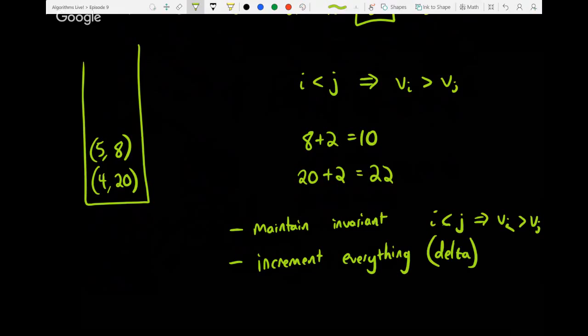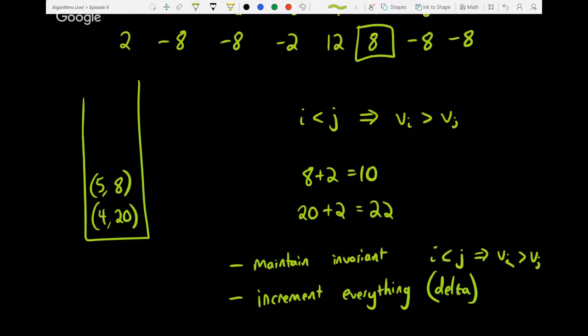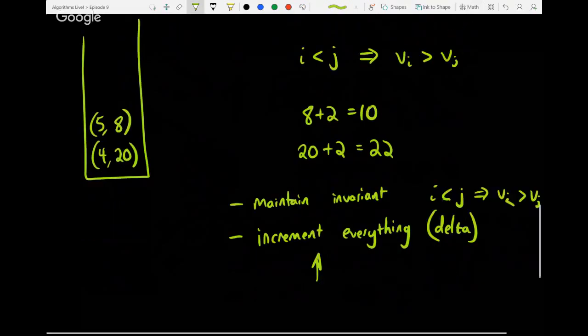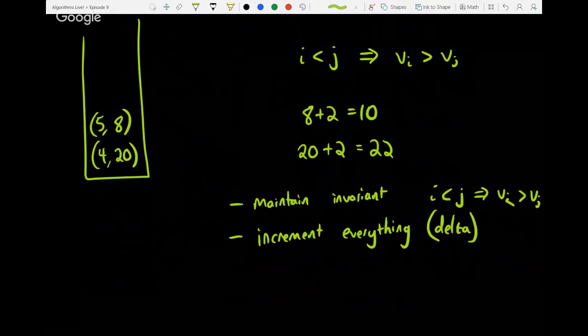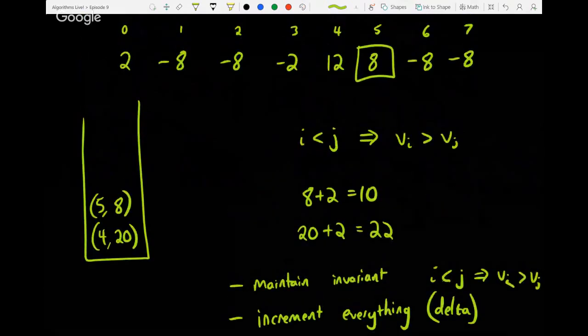Maintain an auxiliary variable and just go. So it very naturally led us to a stack because this property was very easy to maintain as a stack. And it also very easily led us to deltaing because we need to increment everything, not just some subarray or something specific. So we're off to a good start.